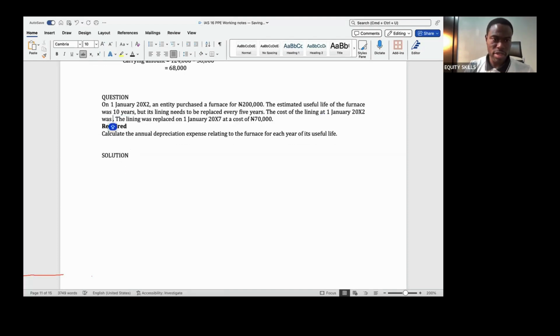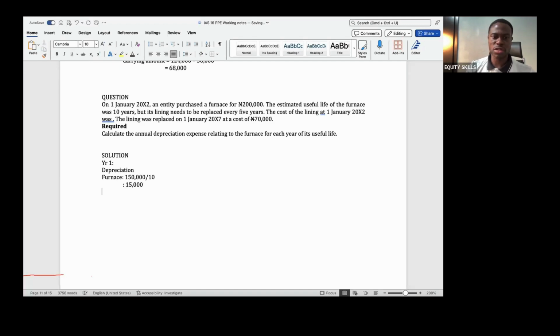So from 2002 December, meaning from year 1, in fact, from year 1, my depreciation, you do for the furnace, which is 150K, divided by how many years? 10.